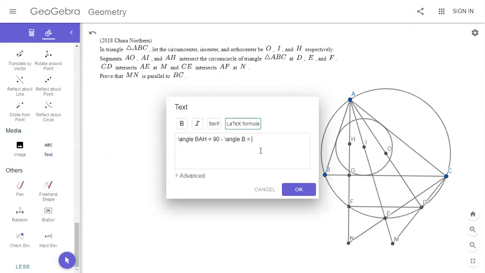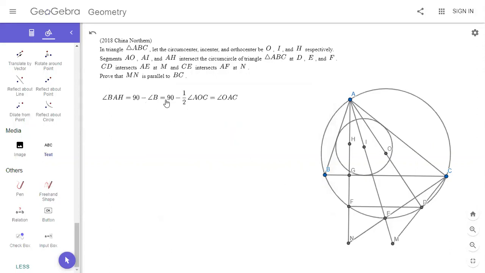So this is the first problem, and we've just solved it, so we're writing it up. But yeah, you can see the problem up here. Here's the diagram. So this is the China Northern Math Olympiad. So I'm just doing a quick proof that AH and AO are isogonal. That is a fairly well-known fact, but I'm just writing it out. And that is equal to angle OAC. That's because OAC is isosceles.